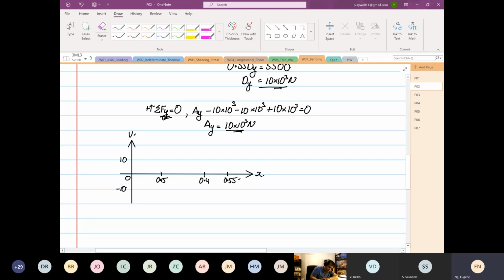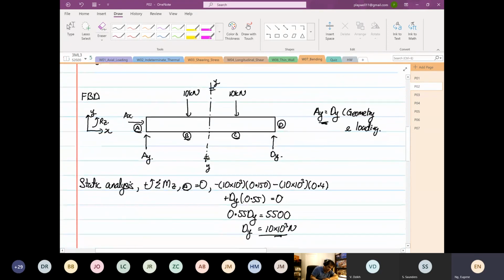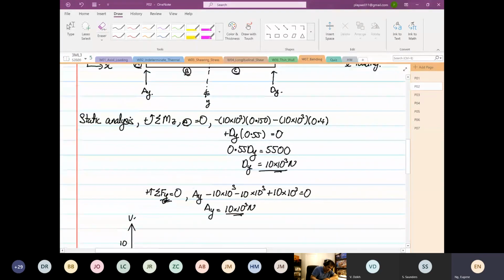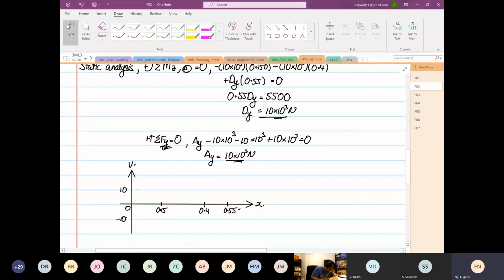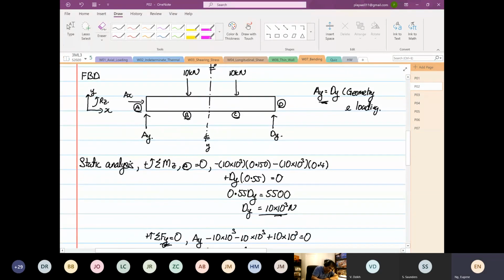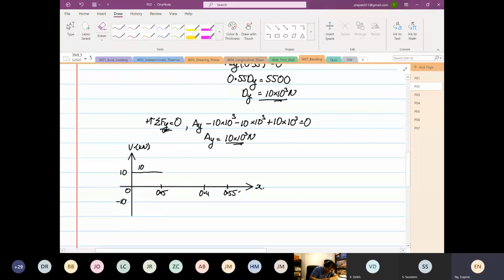So from 0 to 0.15, you will have 10 kilonewton coming here. So this is your 10 kilonewton. And then at point B, it comes out by 10. Then it comes down by 10, then it goes through 0.